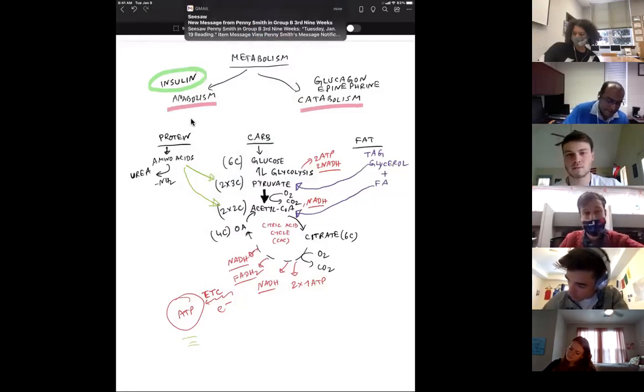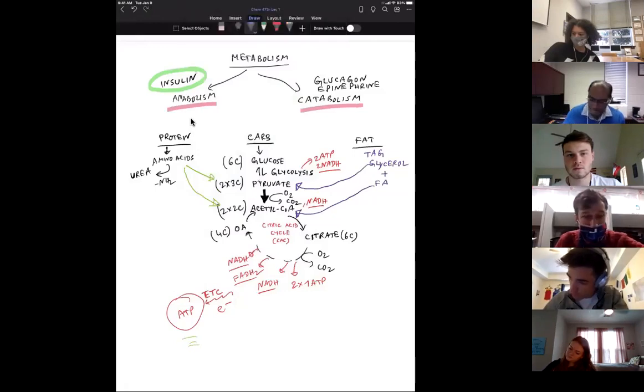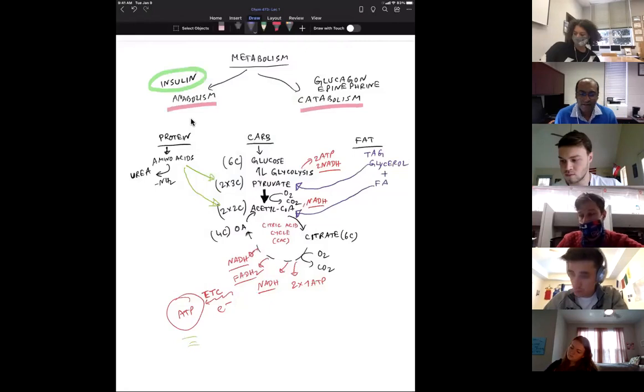So that is why fatty acid breakdown is also highly regulated, because when you are making acetyl CoA, it has nowhere else to go. It has to go to the CAC and make ATP this way.